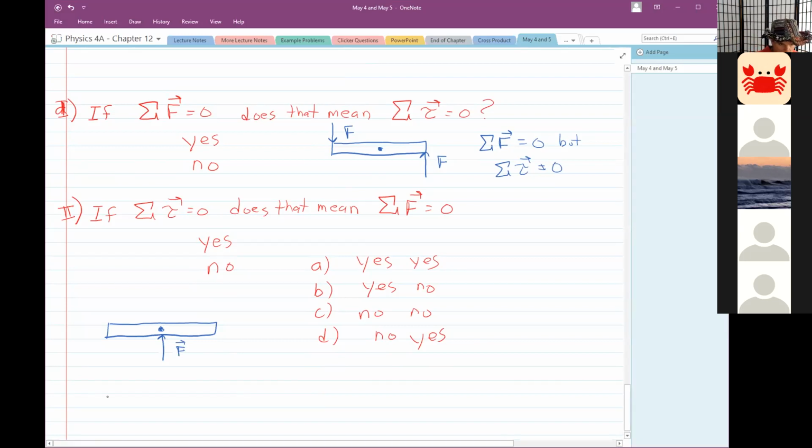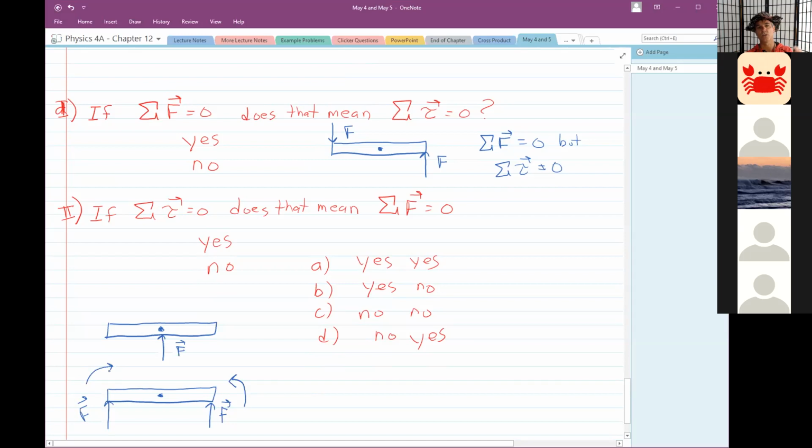Or another example would be, let's say I've got, again, this is pivot at the middle, but I'm exerting forces that are both acting in the exact same direction. So here, this first force would tend to produce a counterclockwise rotation, so it would be positive. This force would tend to produce a clockwise rotation, so it would be negative.